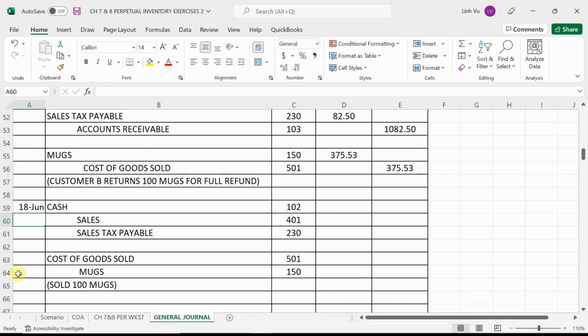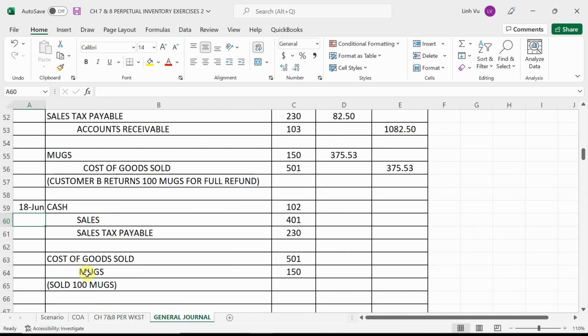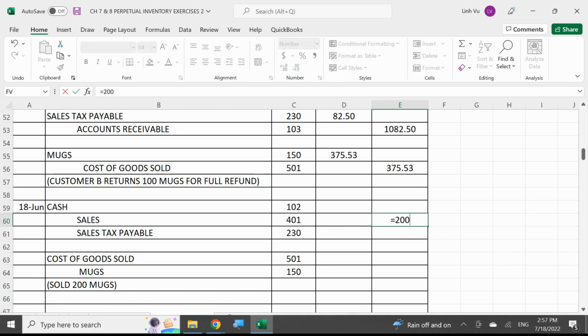So in this case, if I sold, how many did I sell? So I sold a total of 200 mugs for $10 each for cash. Okay. If I sold 200 mugs for $10 each, what is my total sales? $2,000.